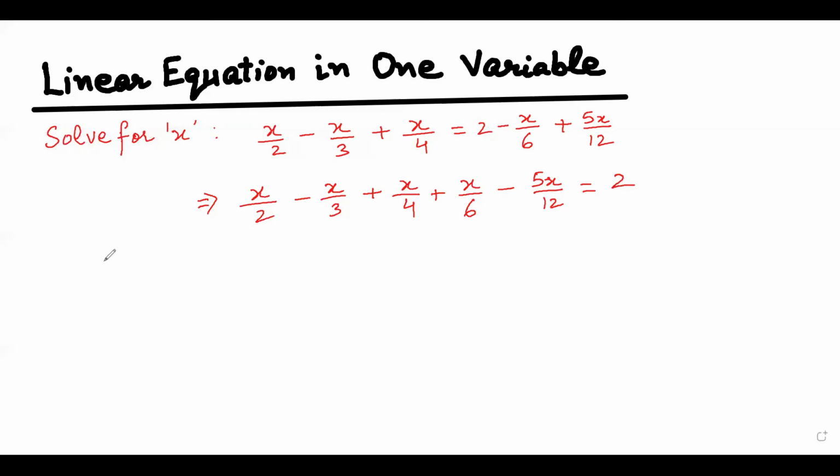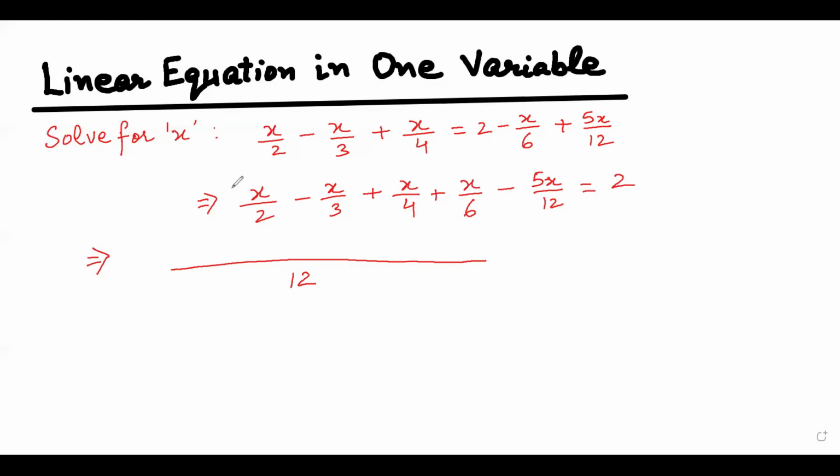So we write it. Now we have to see the denominators and take the LCM, the lowest common multiple. The lowest common multiple of 2, 3, 4, 6, and 12 is, of course, 12. So we are going to collect the numerators under a common denominator, and the common denominator will be the LCM.